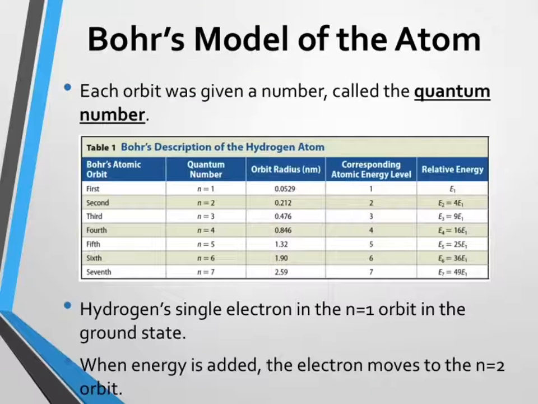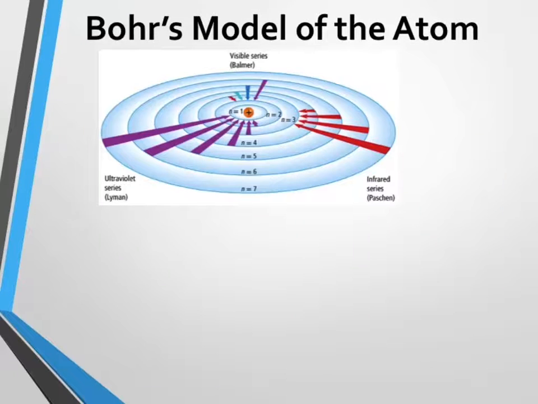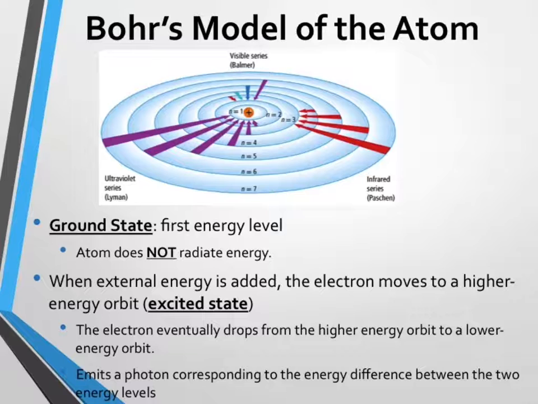So, hydrogen just had 1 electron, and when it's in ground state, it's at N1. When it moves to excited state, it goes to N2. Okay? So that second orbit. And this is kind of what it looks like. The biggest thing I need you to know is that you have the ground state versus the excited state.